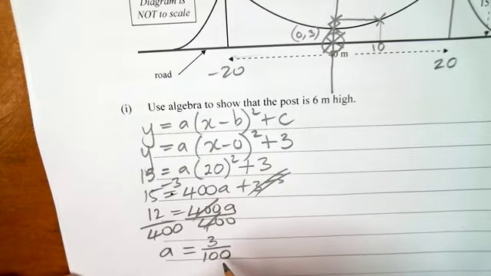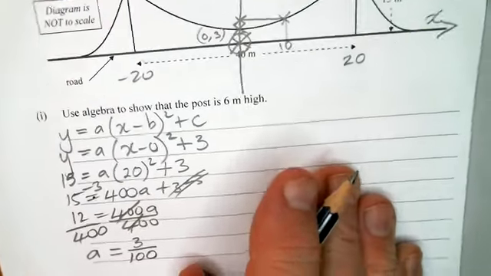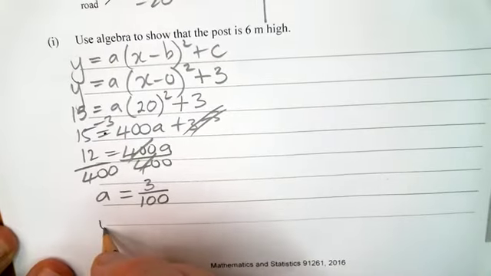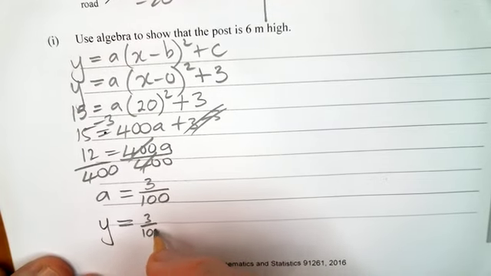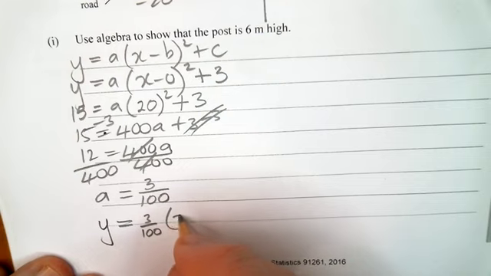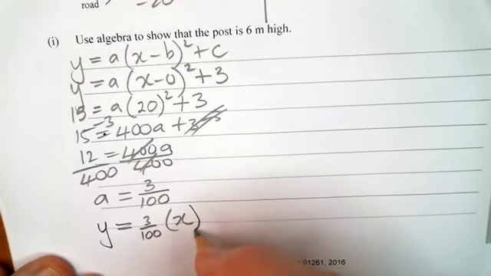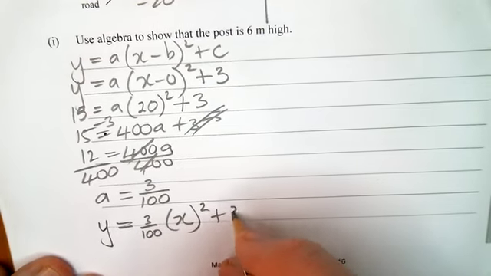So a is equal to 3 over 100. Therefore, y is equal to 3 over 100 times x squared plus 3.